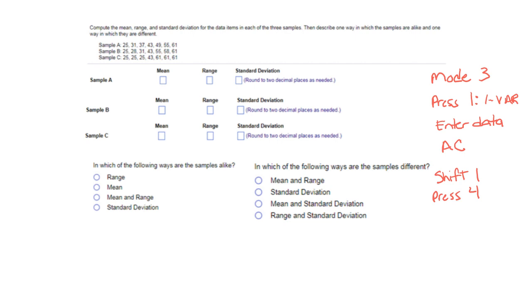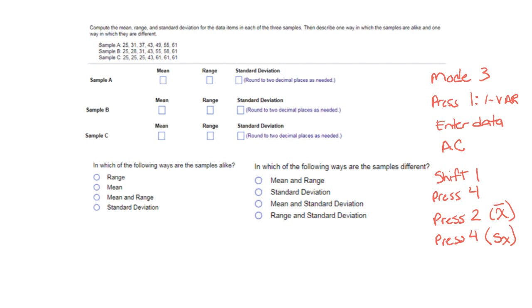And then if you want the mean, you're going to press 2. All right, this is for X bar. If you want the standard deviation, you will choose 4. So it depends on what you're looking for, your mean or your standard deviation.